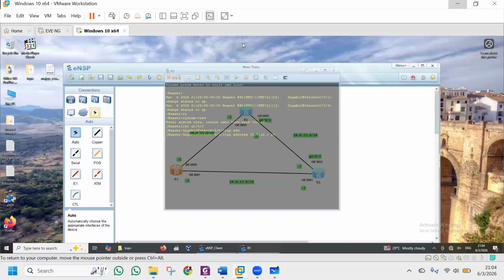Interface is up. Then interface 0/0/1, same router, it's 10.0.13.1 as well. So what changes is the 13 here. I hope you can see.